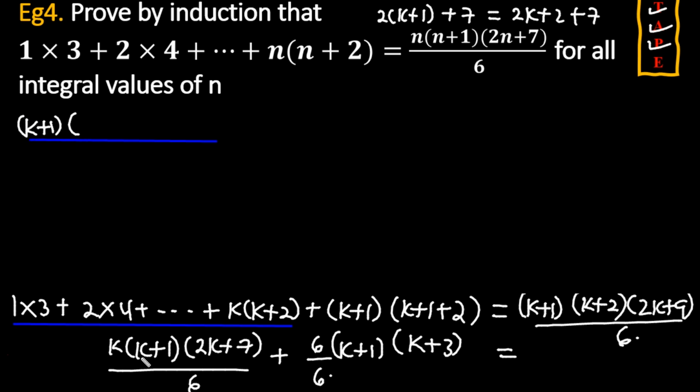And when I pull it out, here I'm going to be left with k into 2k plus 7. So when I multiply k through this bracket, I'm going to have k times 2k, that is 2k squared, then plus k times 7, we obtain 7k, then plus, here, when we pull out k plus 1, we are going to be left with 6, multiplying this bracket, so we shall have 6k, then plus 6 times 3, that is 18, everything divided by 6.